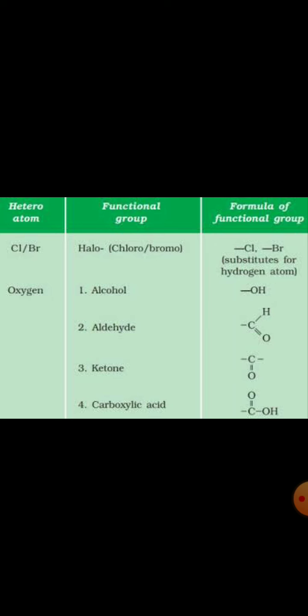Next heteroatom, oxygen. And when oxygen is a heteroatom, we have functional groups like alcohol. The first is alcohol. Name of the group is alcohol. What is the formula? Single bond OH. As you can see, there is a bond between O and H. Two different elements, oxygen and hydrogen, combine and form one functional group.